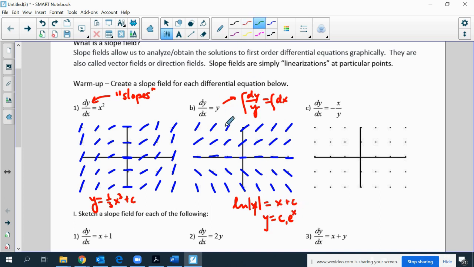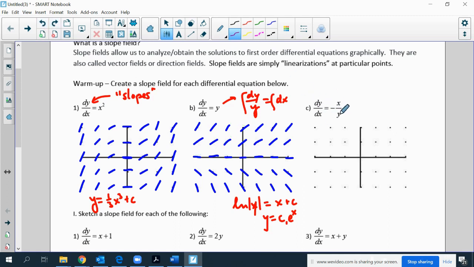So depending on where my graph is, notice that I would have this asymptote at 0. And then let's say this point is picked as an initial condition. This would look like an exponential function. Now, if some point down here was picked, it would still look like an exponential function. It would just be an exponential function that had a negative value of c, which is why we have this absolute value of y showing up for natural log. So either one of those could work.